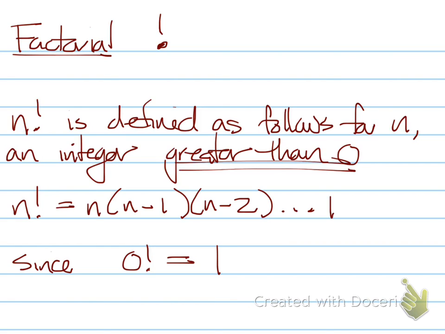Since n is an integer greater than 0, you never go all the way down to 0. You always stop at 1 when multiplying the next lowest number. So 0 factorial is always going to be 1. It's not 0. 0 factorial is 1. 1 factorial is 1.